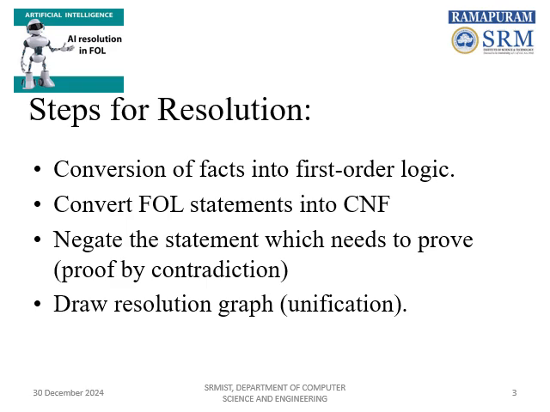Okay, the third step is we have to negate the statement which needs to be proved. It means proof by contradiction. That negation has to be done with your CNF statements. Okay, the last one is to draw the resolution graph. That is our unification model. So these are the steps involved in using your resolution model with first order logic.